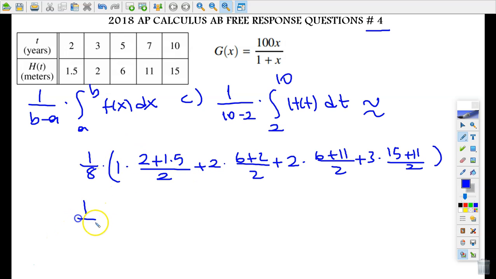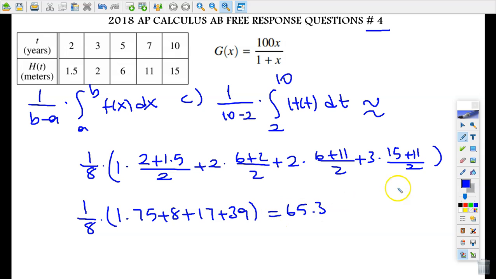So 1 over 8 times 1.75 plus 8 plus 17 plus 39, and this is going to be equal to 65.75. Sorry, so 65.75 divided by 8, and this is going to be equal to 263 divided by 32.